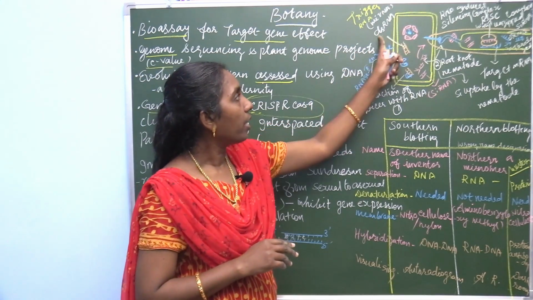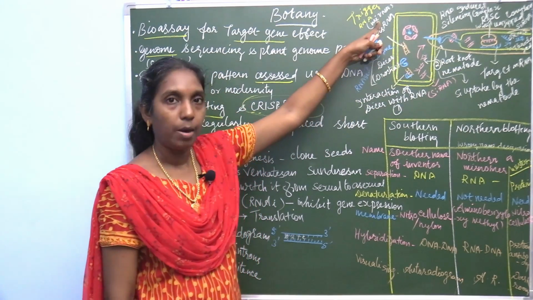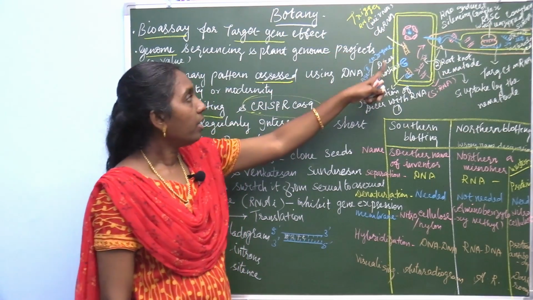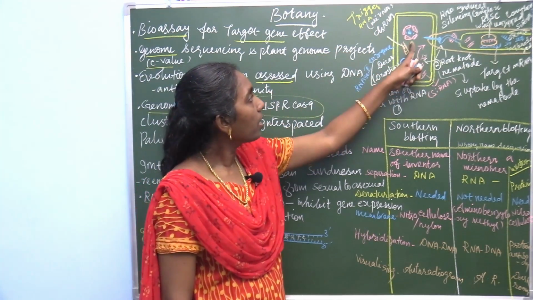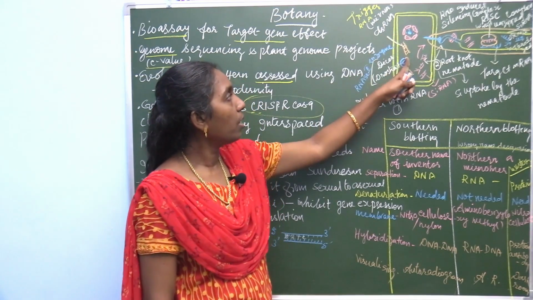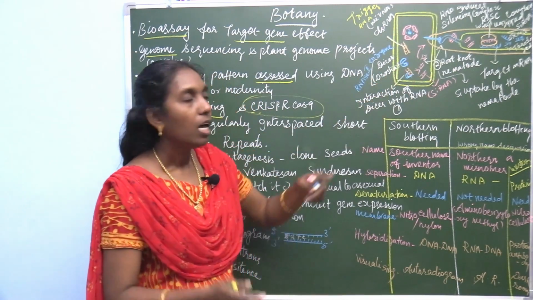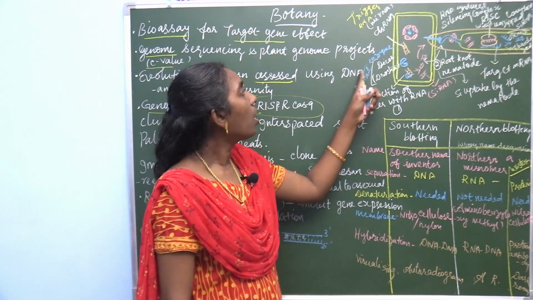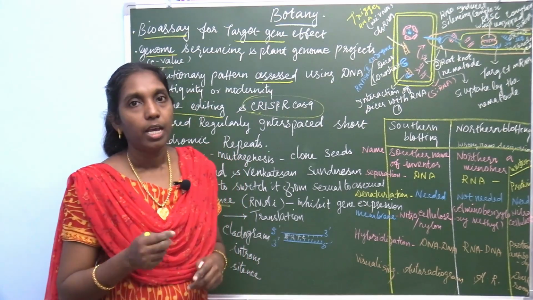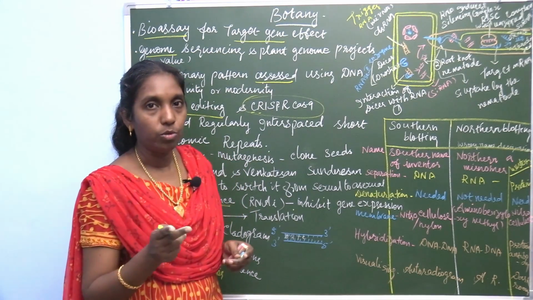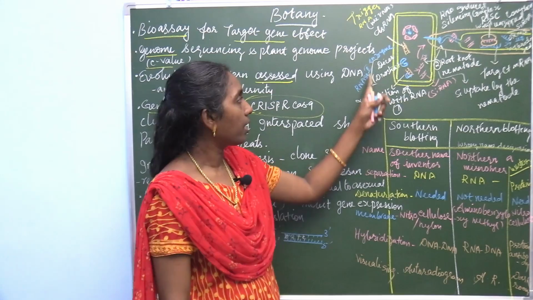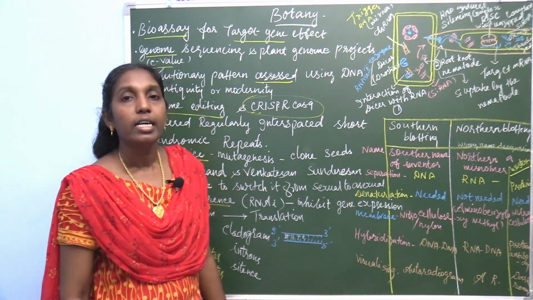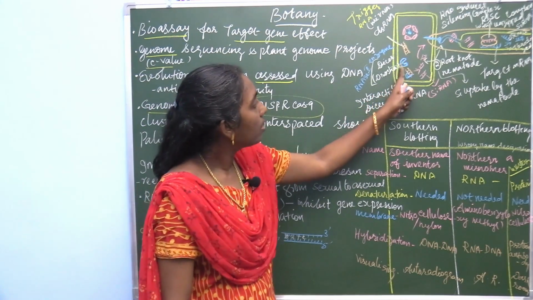This RNA, either dsRNA or miRNA, is triggered by an enzyme. That enzyme is RNase type 2, called Dicer or Drosha. So this is Dicer.